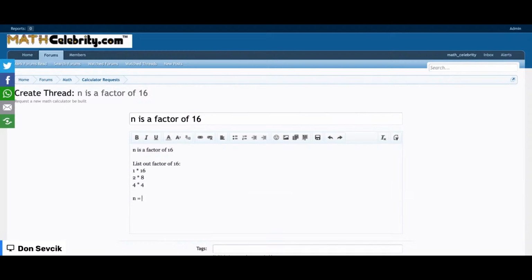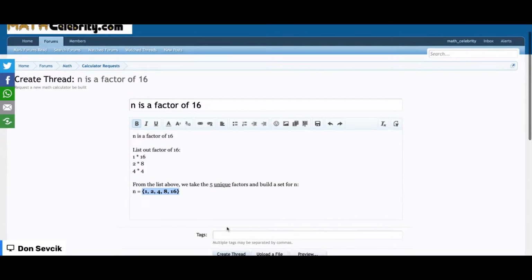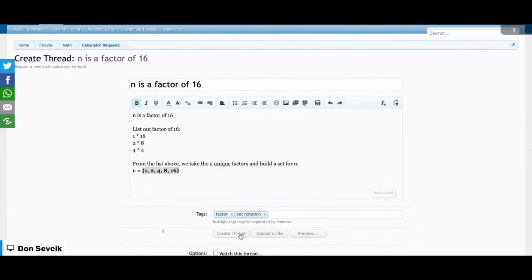So really, n is a set of these numbers: 1, 2, 4, 8, 16. From the above list, we take the 5 unique factors and build a set for n. This is your answer. We got factors, set notation, and we are done.